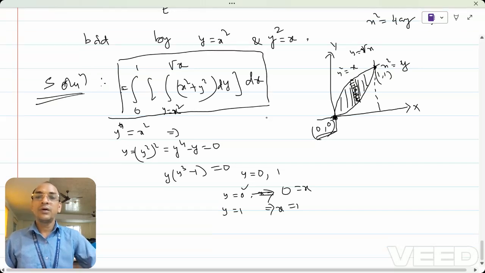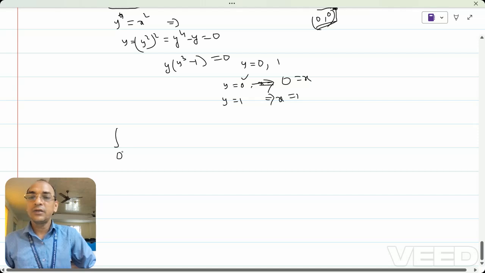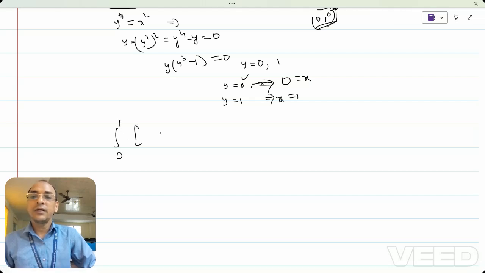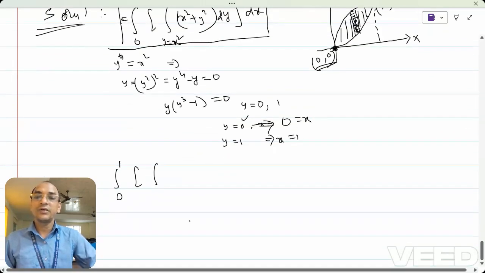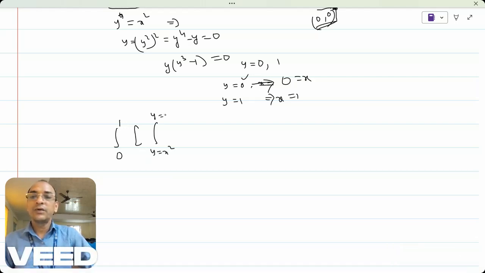Okay. So now how can we evaluate it? Once again I am writing this one neatly. Integration 0 to 1, and the inner integral is integration y from x square to y equal to root x, and here it is x square plus y square.